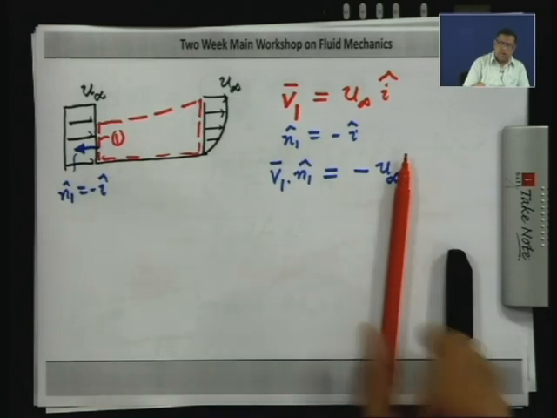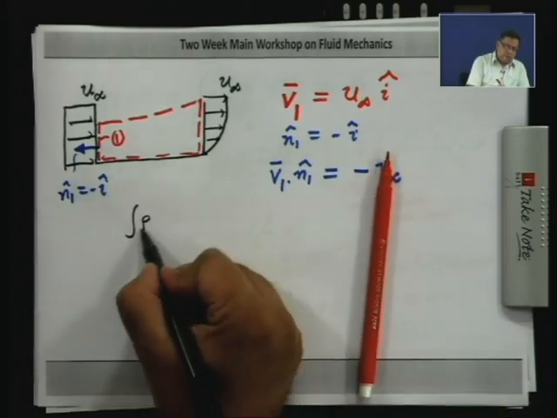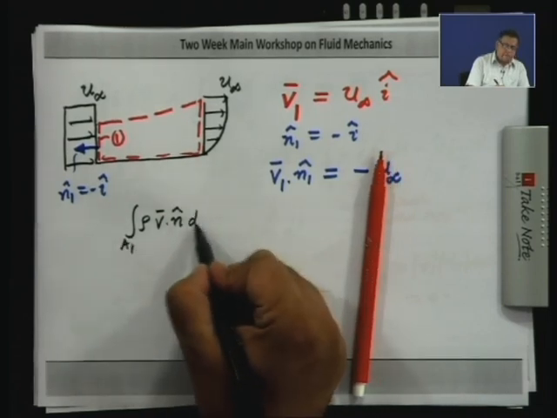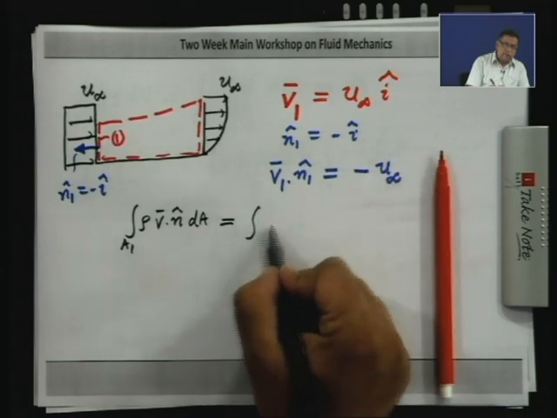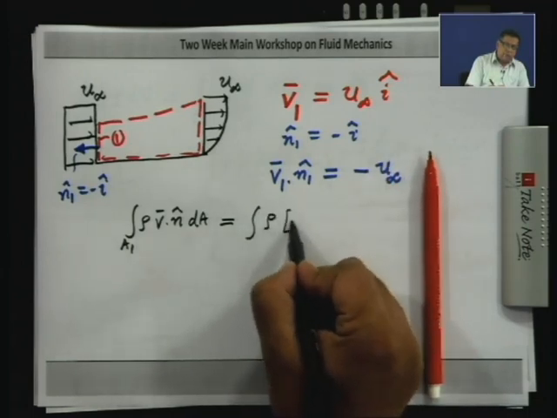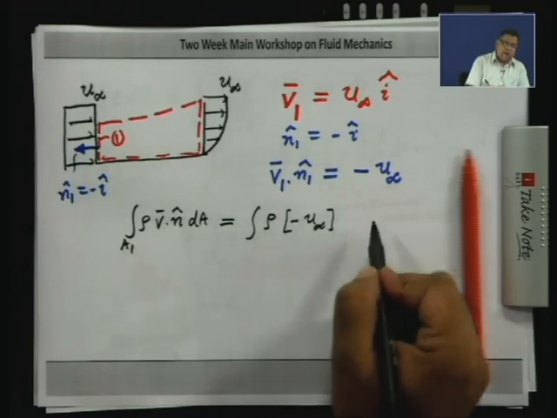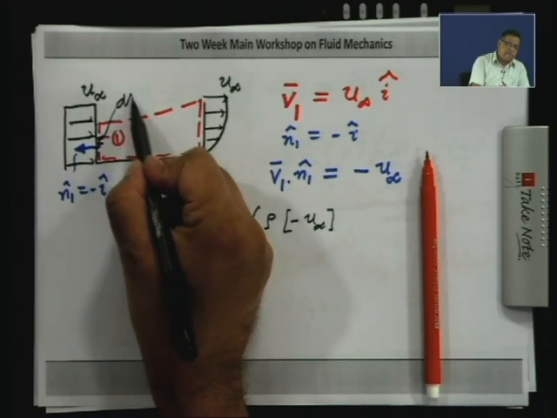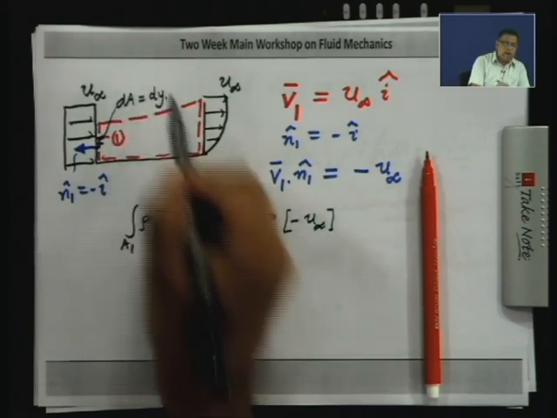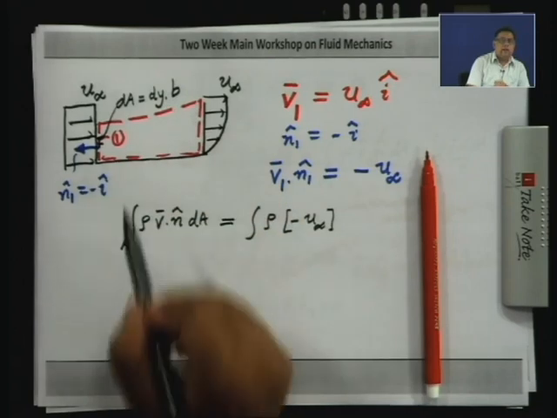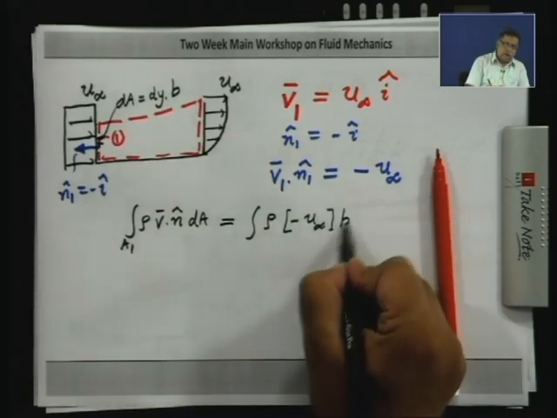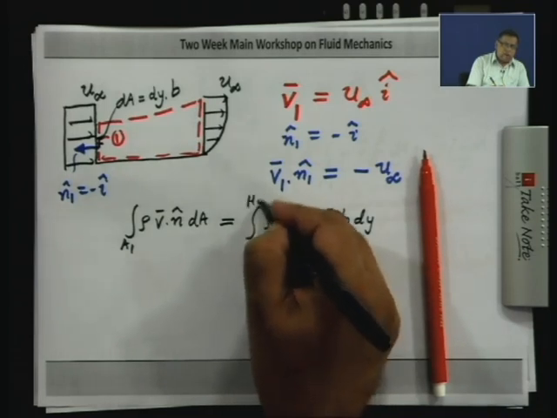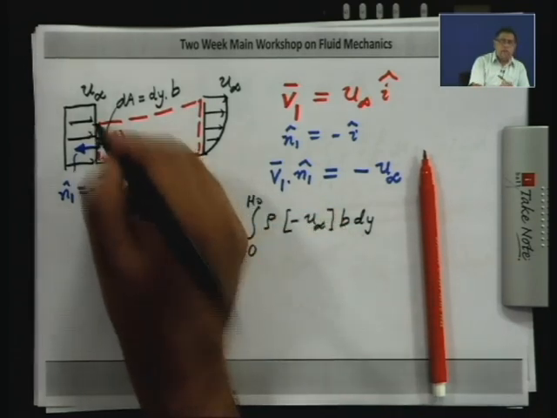Now, what we want is this integral of rho v dot n over A 1. This is one of the integrals we want. Now, for us rho is a constant. So, this is rho into minus u infinity, and if you take a small area element dA over here, that is going to be, if you take a width b in the z direction, b dy, and then you have to integrate it from 0 to h naught, because this point we said is y equal to h naught.